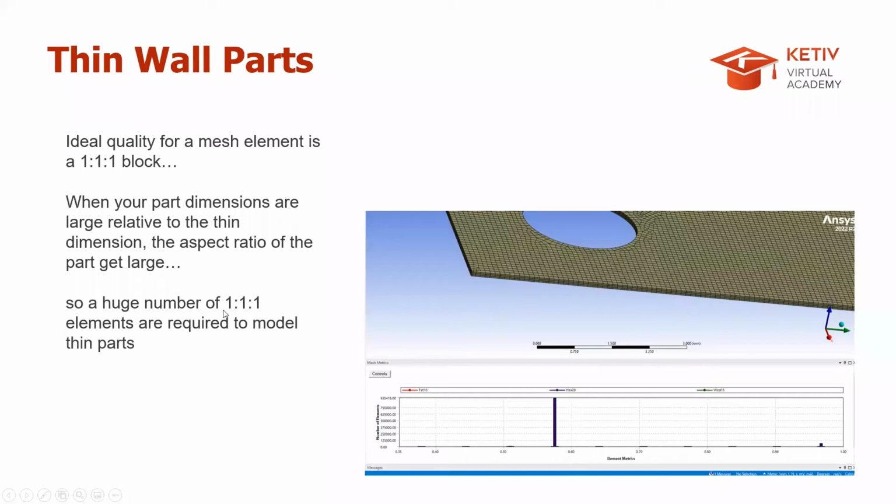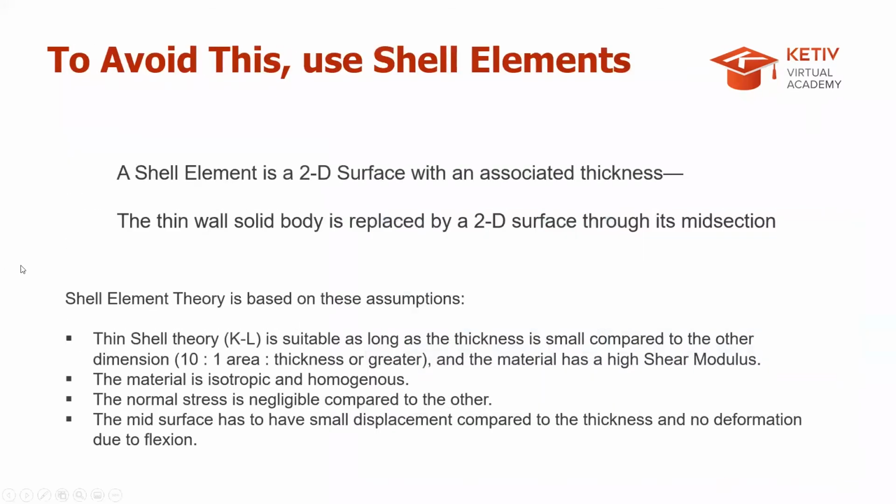So the solution to this is to use what's known as shell elements. And a shell element is a two-dimensional surface that has an associated thickness. So you describe a shell element as a 2D surface with a thickness.